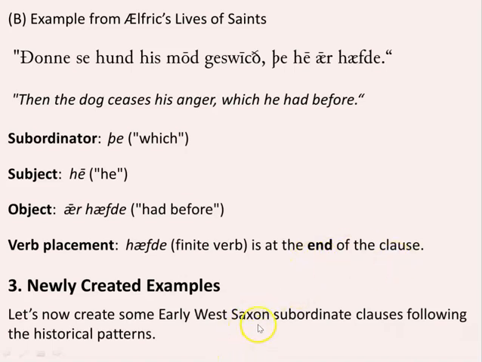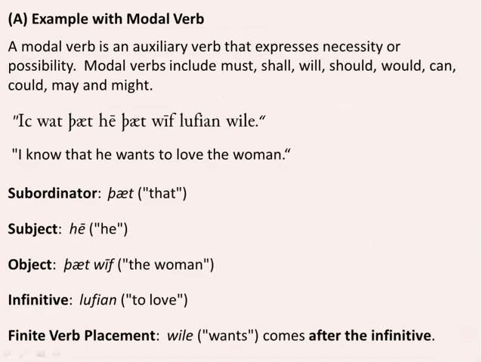Now let's look at some newly created examples of early West Saxon subordinate clauses following the historical patterns. An example with a modal verb. A modal verb is an auxiliary verb that expresses necessity or possibility. Modal verbs include must, shall, will, should, would, can, could, may, and might.